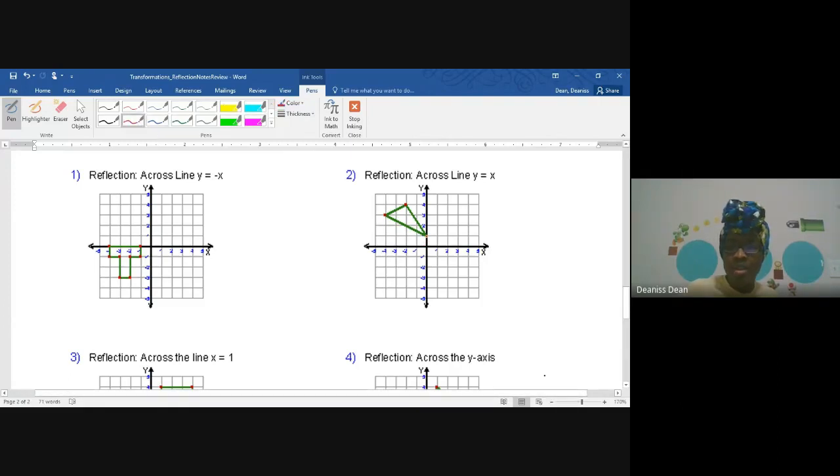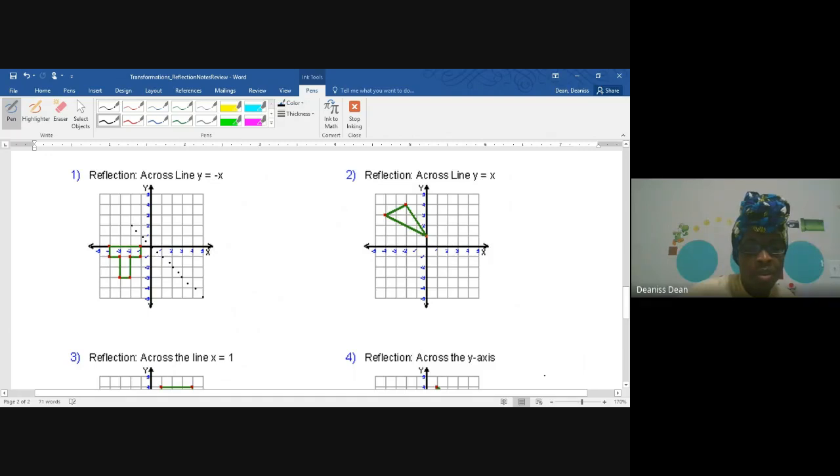So on number 1, I'm going to label out some of the points. I'm not going to label out all of them, but the first thing I want you to remember, the line y equals negative x goes through the origin and it goes down. I'm not perfect, but you get what I'm trying to say. It has a negative slope. So we're going to reflect across this dotted line I'm drawing right here.